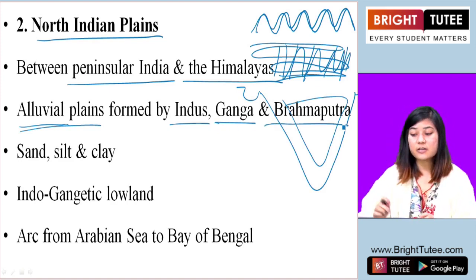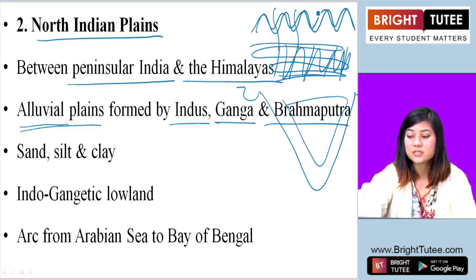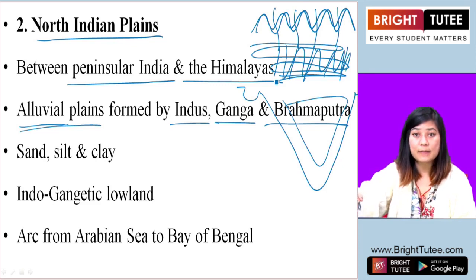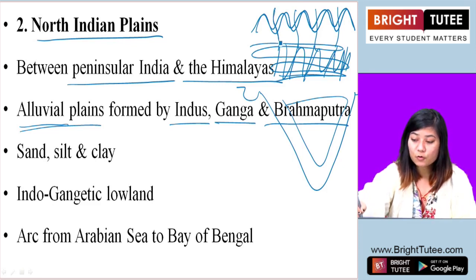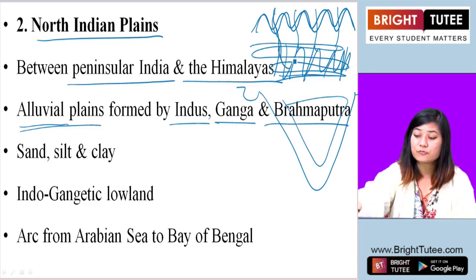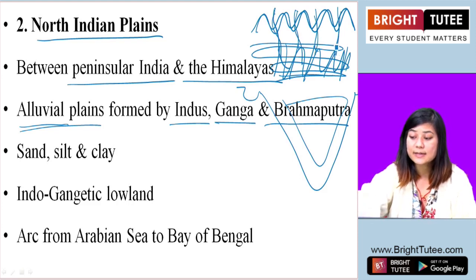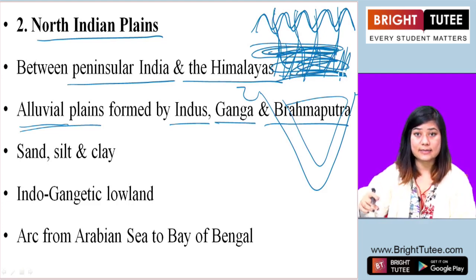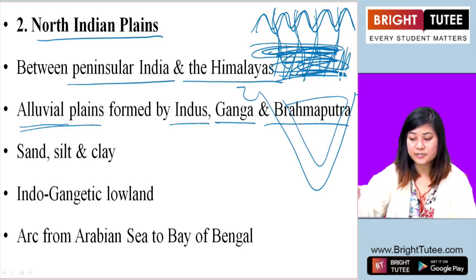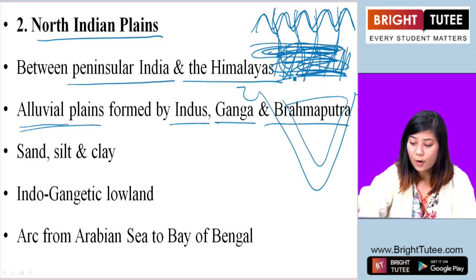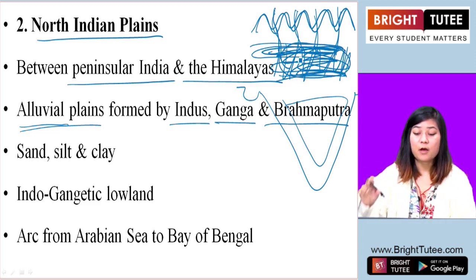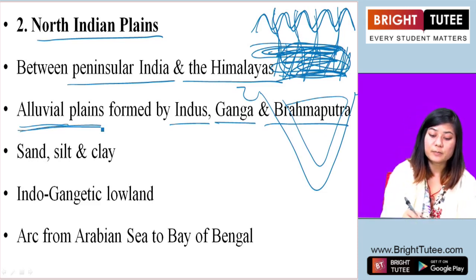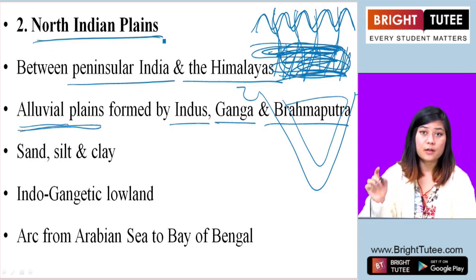So these three rivers, as we just learned, flow through the Himalayas. As they flow through the Himalayas, they come down to the plains and then they bring alluvium and deposit it in this portion of the land of the Indian territory. Okay, so this deposit over time forms the alluvial plains or the North Indian plains.